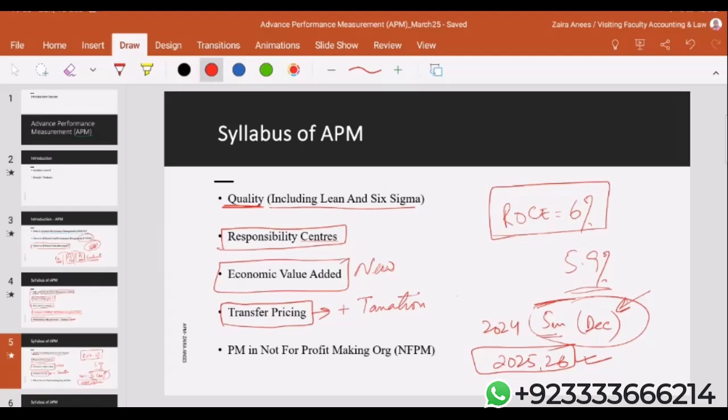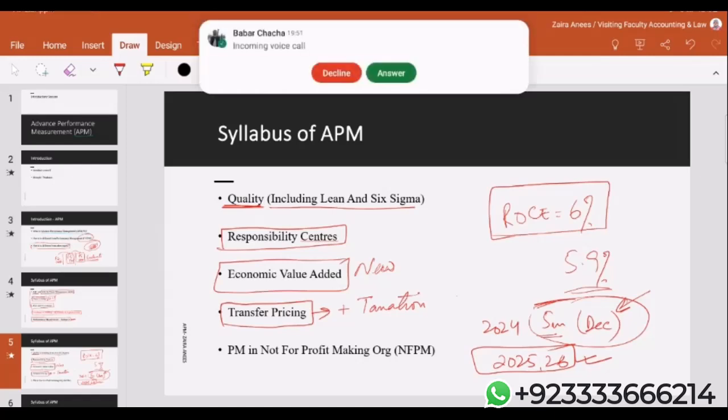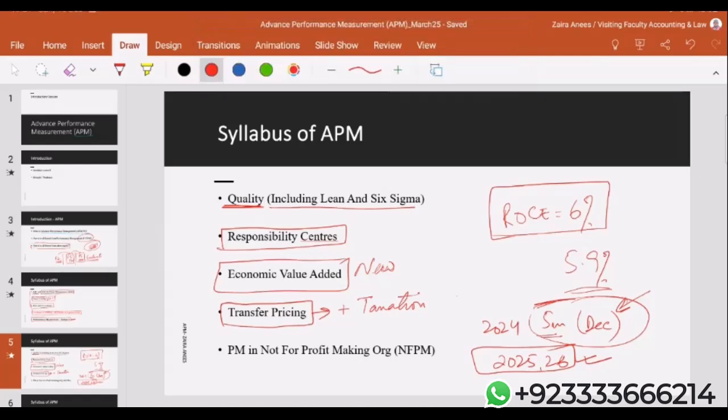So you have to see the pros and cons, what will be the benefit, what can be the disadvantages of using this, and probably why the manager is interested in such a change. So that's how transfer pricing will be asked in APM. It's not typically to calculate the transfer price. It's more towards the analysis part, right?